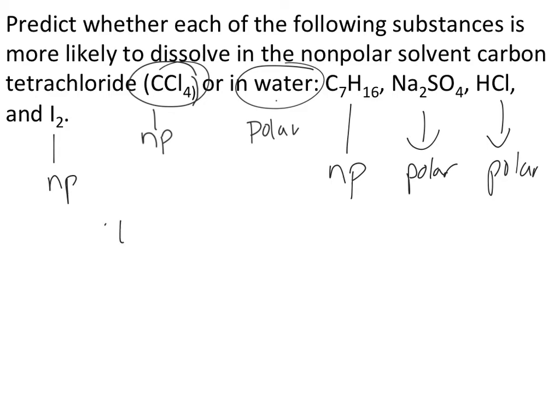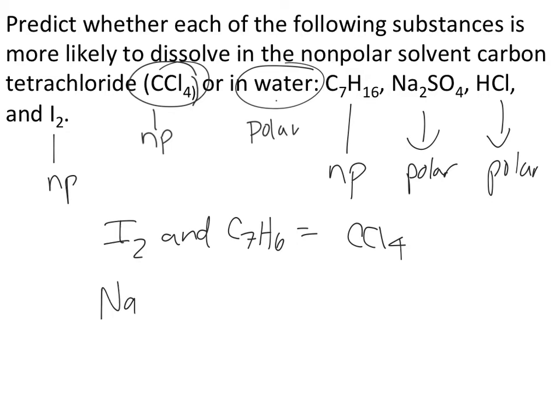So I2 and C7H16 are both nonpolar molecules, so the whole concept of like dissolves like means that carbon tetrachloride is going to be the solvent. In that same thought process, our sodium sulfate and our hydrochloric acid are both going to dissolve well in the polar solvent, which in this case is H2O.